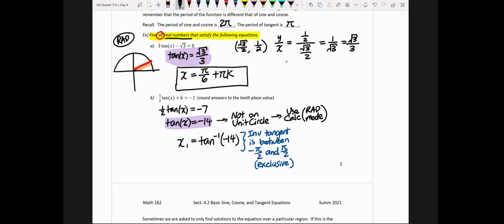So let's find that and share in the public chat what you're getting for inverse tan of -14. And we do want to place it on the circle.